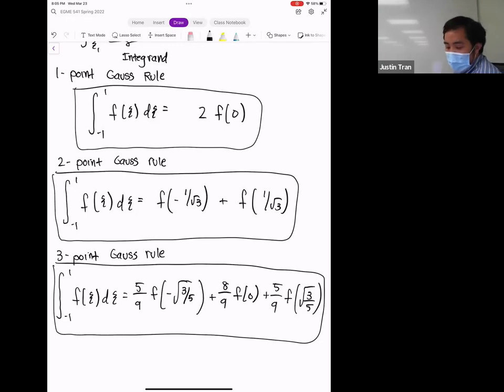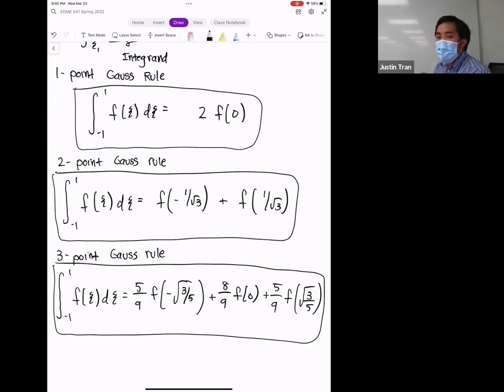The thing with Gauss quadrature is that it's only an approximation of the integral, so you're not guaranteed to get exactly the same thing as if you evaluated the integral analytically, but you do get pretty close. And as you go from 1 point to 2 point to 3 point, you get more and more accurate.